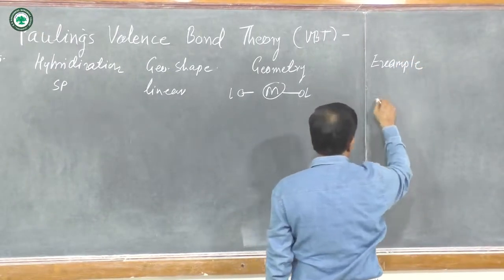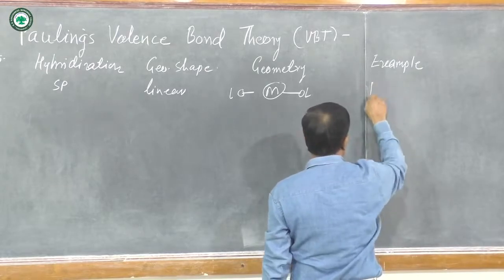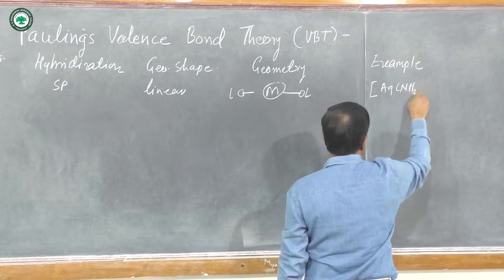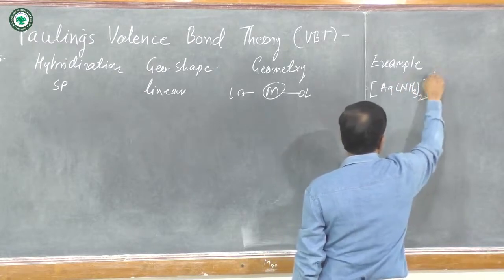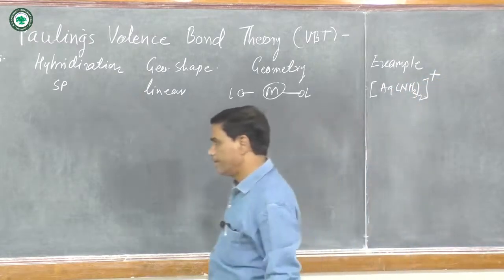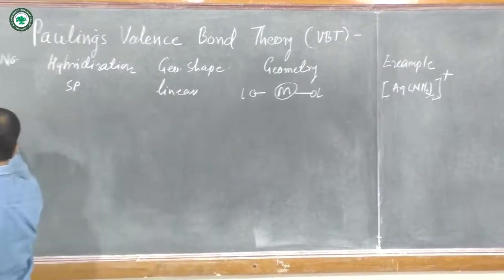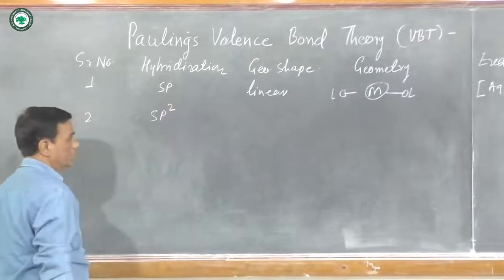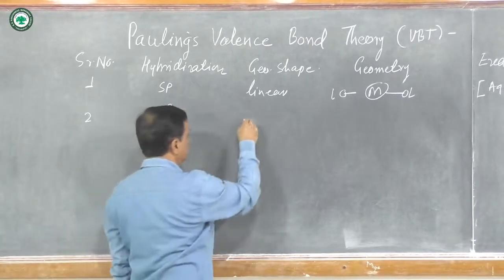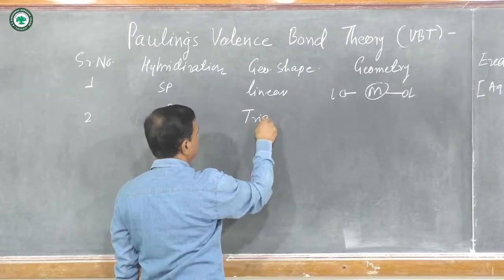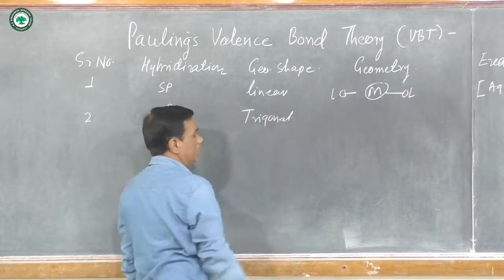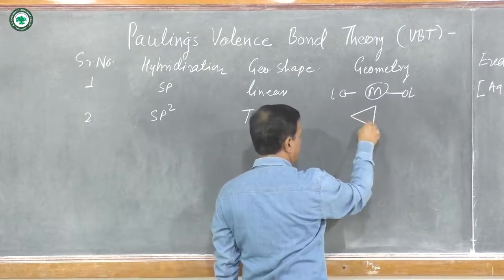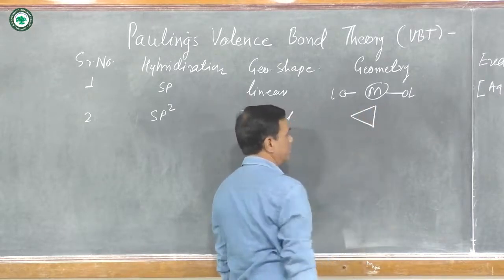suppose there is a formation of Ag(NH3)2+. Then the second example: hybridization is sp2. Here the geometrical shape is trigonal. In a trigonal molecule there is a regular or equilateral triangle.